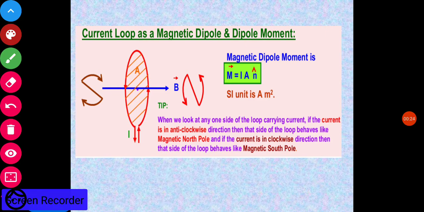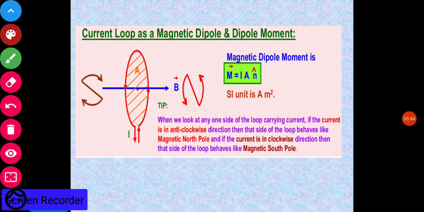Now, as you have already studied, nearby a current carrying coil, a magnetic field is developed. We have also calculated the expression for the magnetic field along the axial line of a current carrying loop.